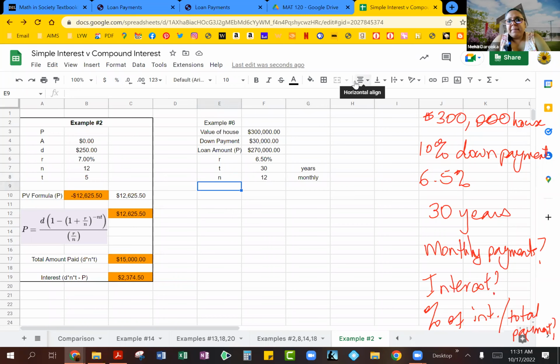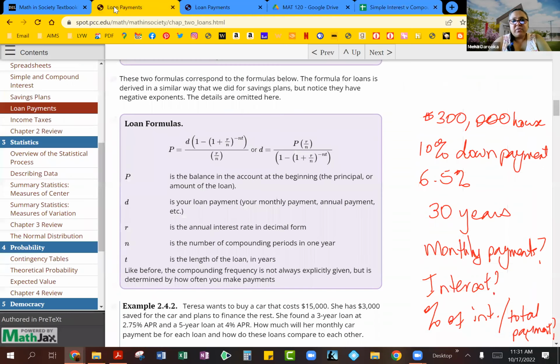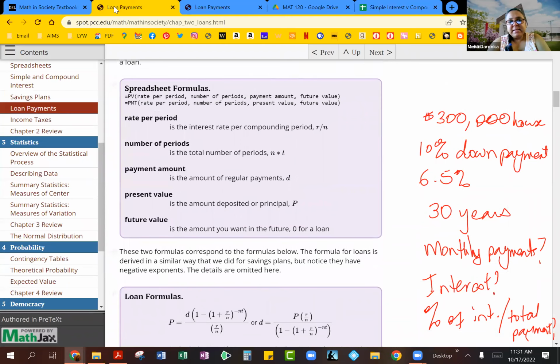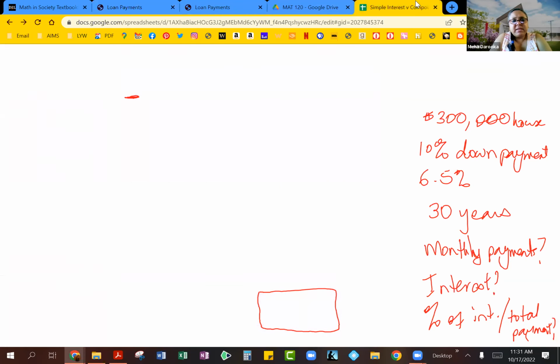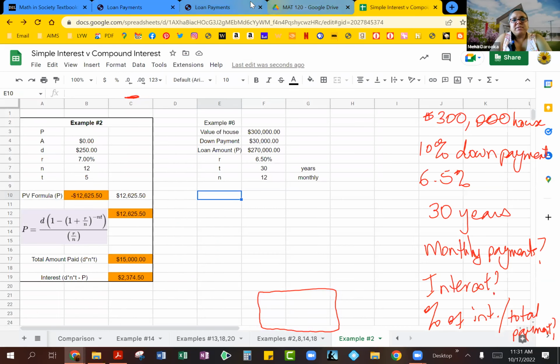So the first part is they are asking us to find what the monthly payments are going to be. So let's come back over here. If you are finding the monthly payments, you can either use the PMT formula, the spreadsheet formula, or the textbook formula, this is the one you are going to be using. I already have this formula copied over here. No, that was the present value.